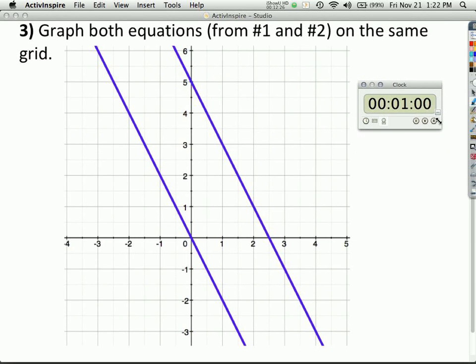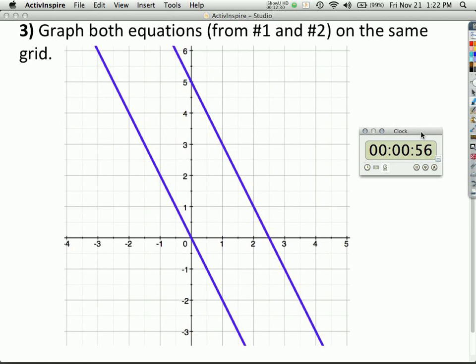Prove that they are parallel. It's up to them, not me.